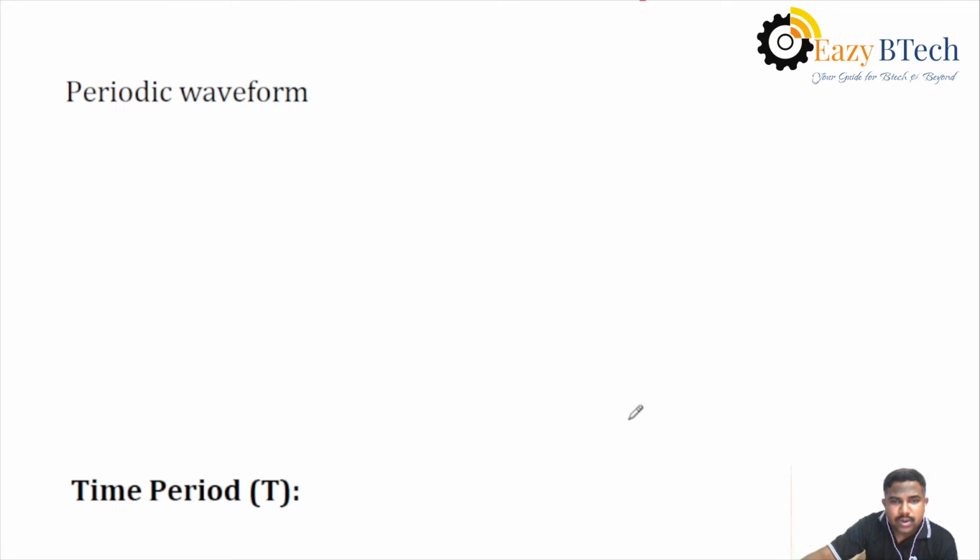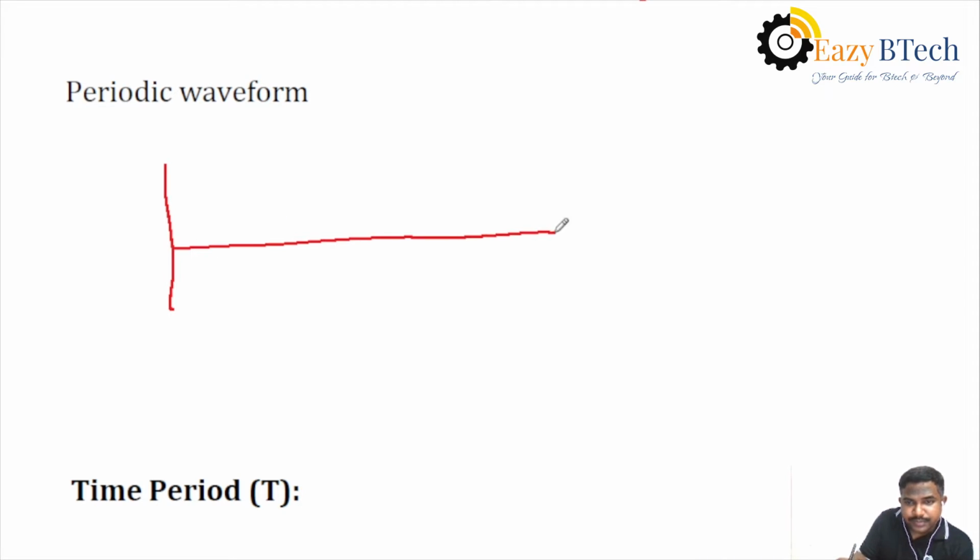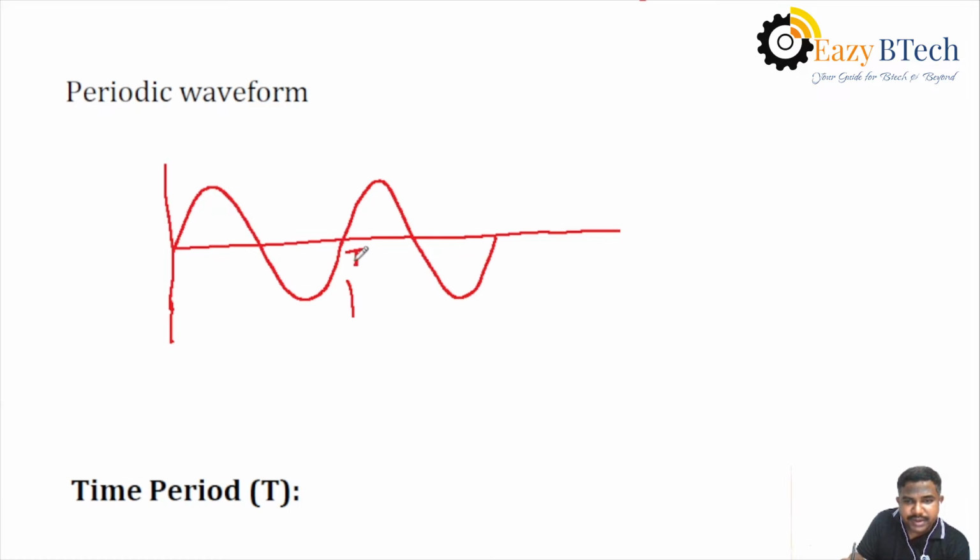Then what is meant by a periodic waveform? If the waveform repeatedly obtains the same positive and negative, again positive and negative, then here we can take a time period T. After time period T, the same waveform as before will be repeated, exactly the same positive and exactly the same negative.